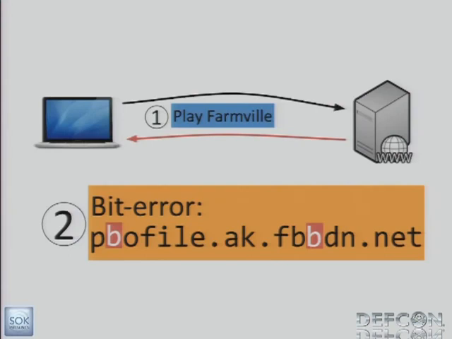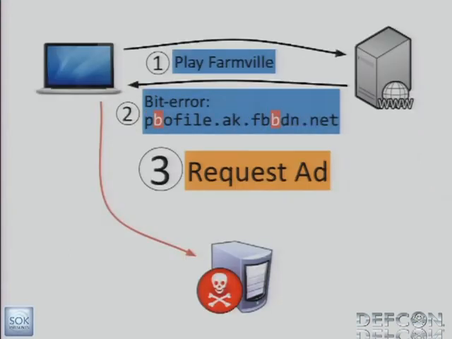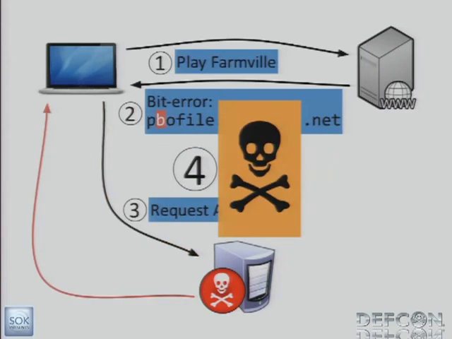And this URL gets cached and then served up to the 1,300 people who keep requesting that resource. Instead of requesting ads from Farmville, they're requesting ads from me. I could have sent them anything I wanted, but I chose the 404.